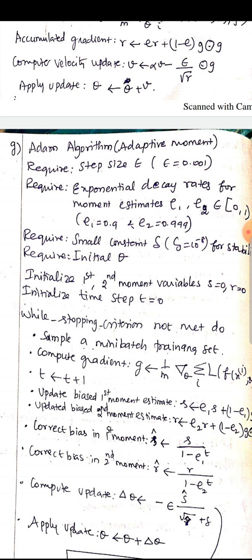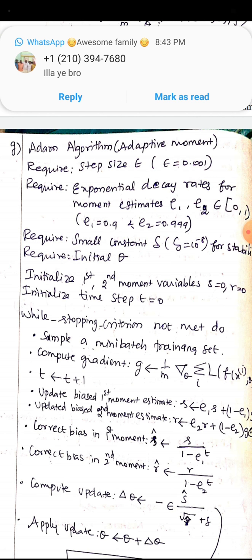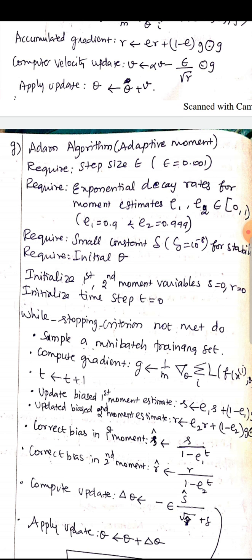It cannot be equal to 0, equal to 1 or greater than 1. Rho 1 and rho 2 are normally assumed to be 0.9 and 0.999. And there is an additional small constant parameter, as in AdaGrad, a delta parameter with a value of 10 to the power minus 8 for stability in convergence.